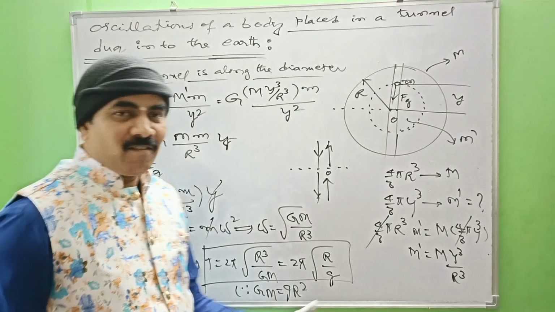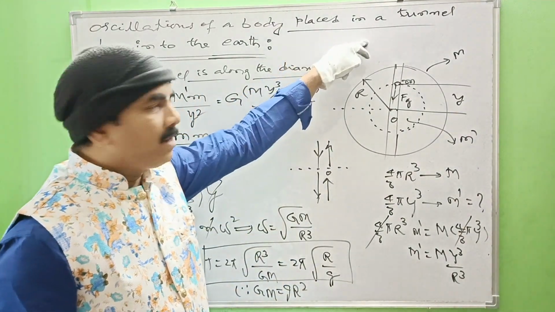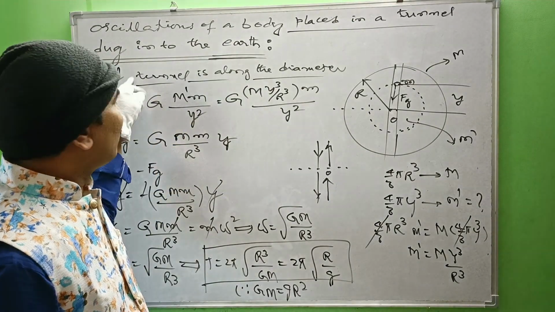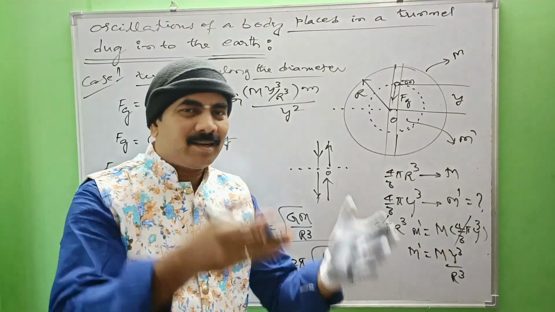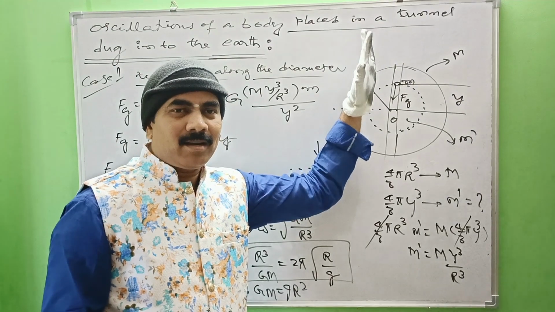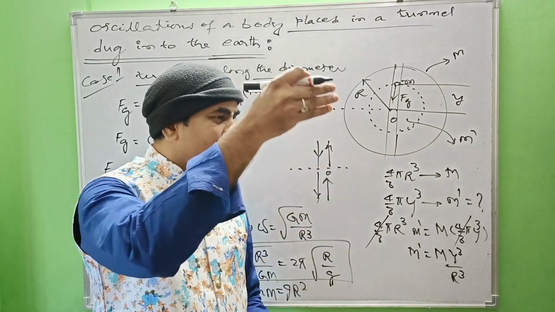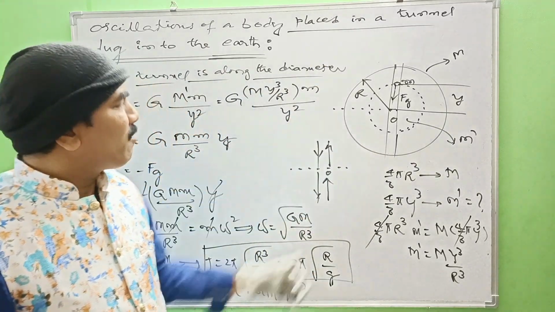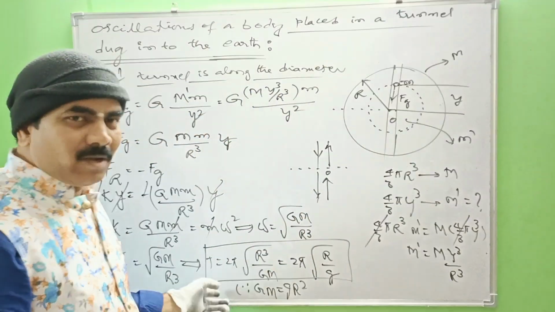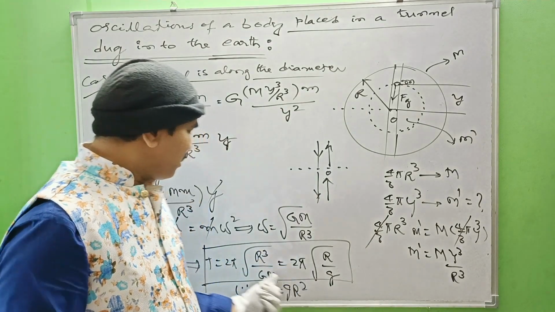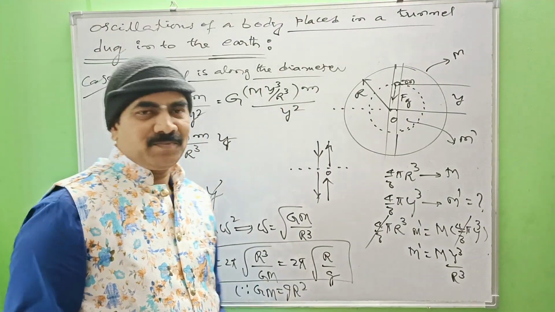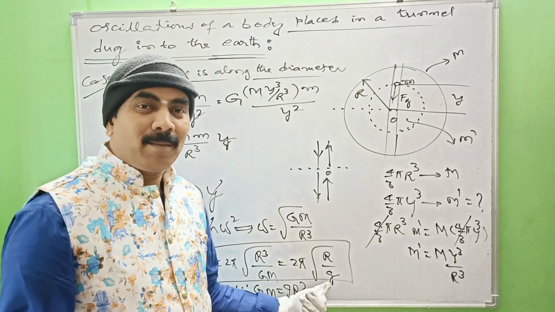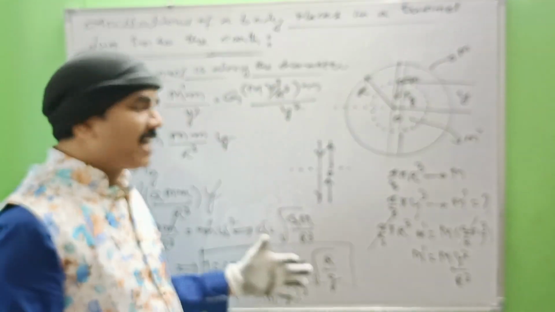So what is that relation? The period of oscillation of a body placed in a tunnel which is dug into the earth. In what situation here? That is when the tunnel is dug along any diameter, right? So when a body is placed in that tunnel dug along the diameter, it oscillates simple harmonically with a time period T equals 2 pi root over R by g, otherwise root over R cube by GM, where G is the gravitational constant, capital M is the mass of the planet, that is earth, and R means radius of the earth.